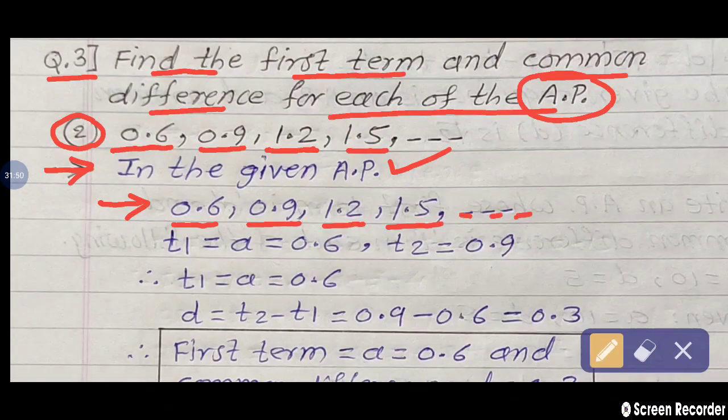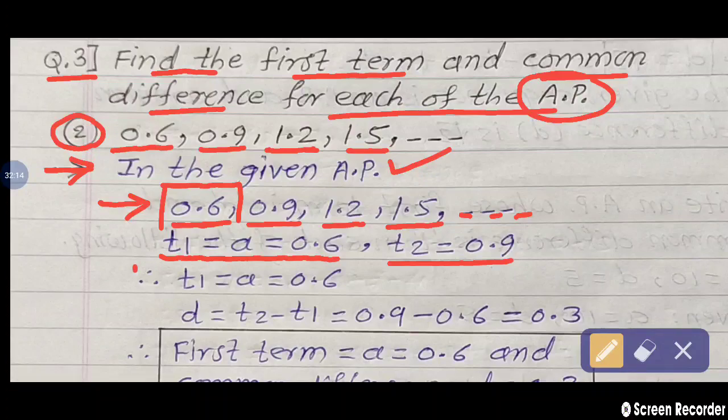So what is the first term? Check. 0.6. So we write here T1 is equal to A is equal to 0.6. We find the common difference, so we only write the second term because this sequence is already an AP. So only one difference we find out, that is the difference between the first and second term. So T2 is what? 0.9.